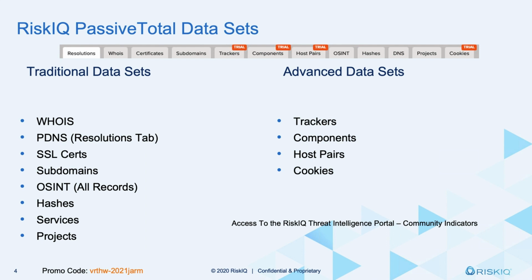Now, the traditional data sets, whois, passive DNS, those are the A records, what IP address responded to a domain, subdomains, open source intelligence, the services, projects, and the advanced data sets are like the little bits of code that track user experience, trackers.